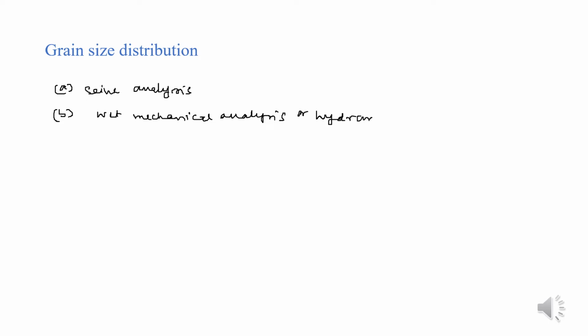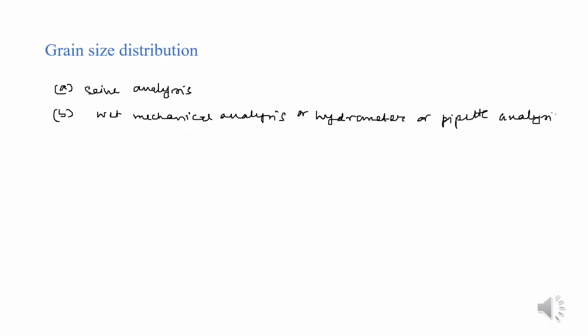The other is the wet mechanical analysis or hydrometer or pipette analysis.